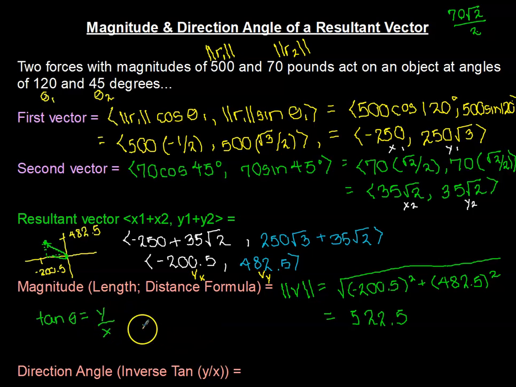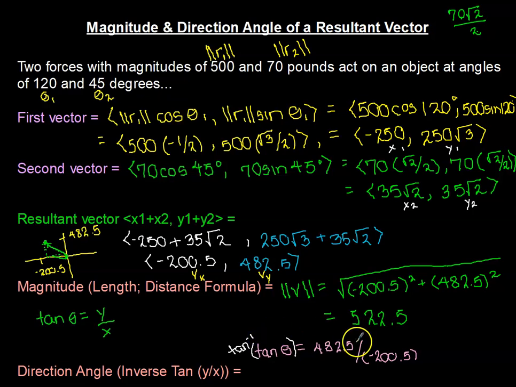So let's say I just started there. So tangent of theta equals 482.5 over negative 200.5, y over x. This is not from the unit circle, so I'm not going to find the angle just by looking at the unit circle. So that means you manually have to get rid of tangent. The way to get rid of tangent is you inverse tan it.